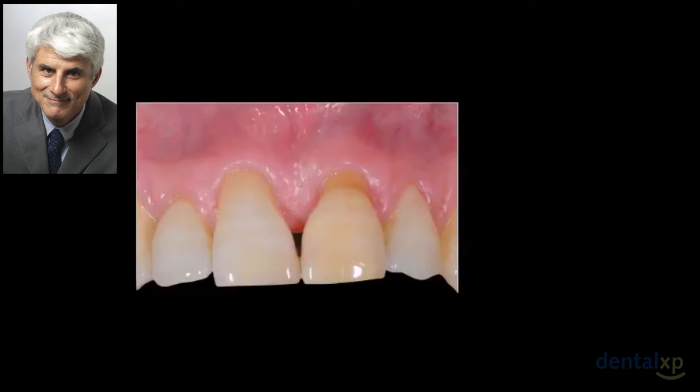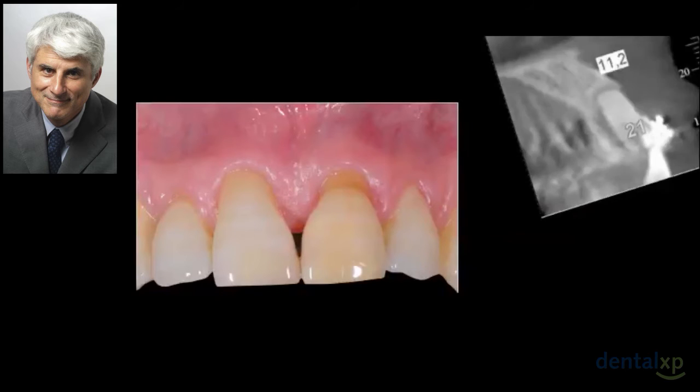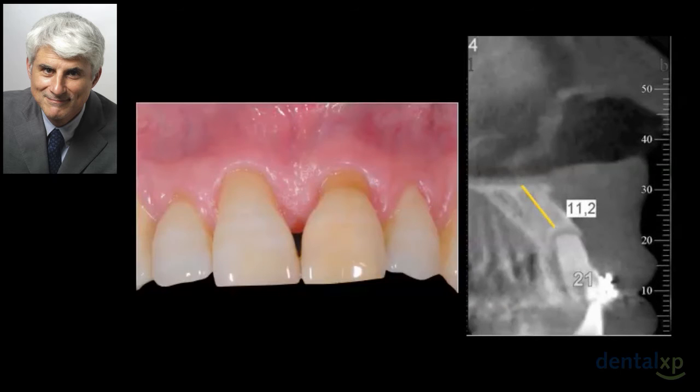In this case, for example, the patient was completely missing the buccal plate, the tooth was loose, and this tooth, of course, the left central incisor, had to be replaced. The patient didn't want to go through big surgeries because, of course, in order to start a case like this, we have to augment the soft tissue and we have to augment also the bone. So this is a typical class 3 condition.